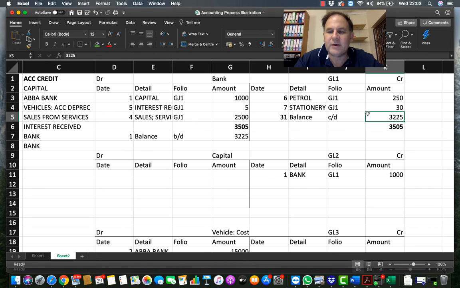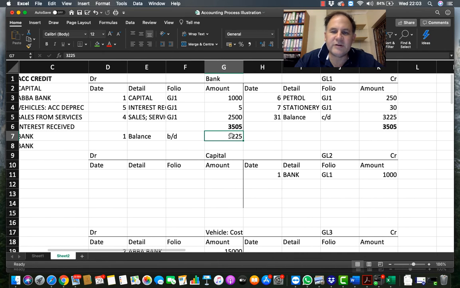Okay. What's important is the opposite side of this entry. This is the carry down, this is the brought forward. This is the balance that we take to the next month. In other words, you don't need to be a rocket scientist to see that the debit side is bigger than the credit side before you put this entry in.